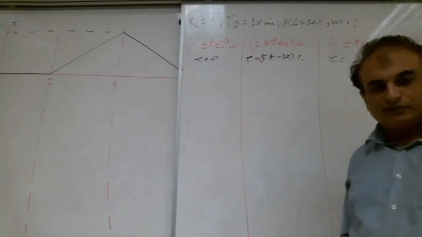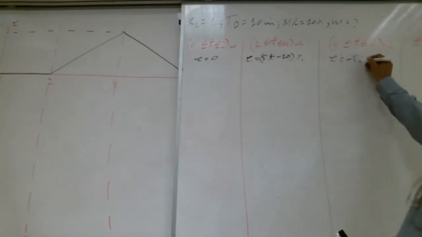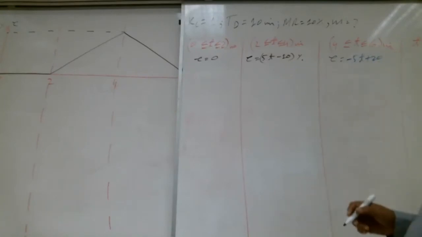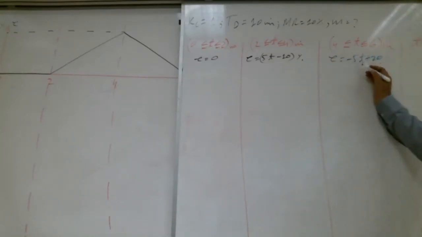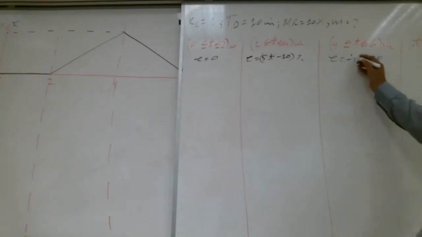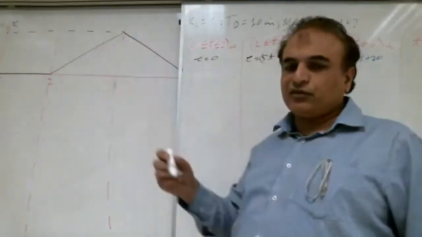Minus 5t plus 20. Okay, teacher, minus 5t plus 20. Give me 1 minute. Let's make this brother happy. So 5 into 4, 20, minus 20 is 0. We have 10 here. So it is not working.